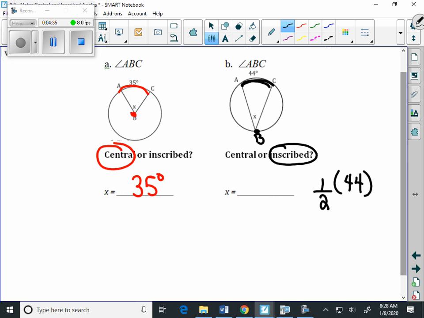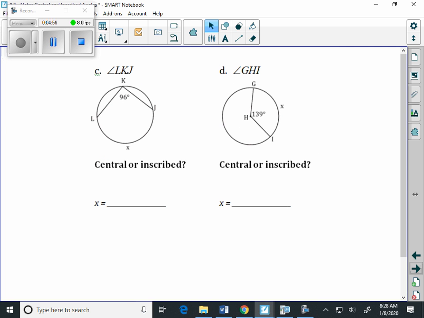So 1/2 of 44 is 22. Central angle, same. Inscribed angle, no, let's say it better: inscribed angle is half the intercepted arc.